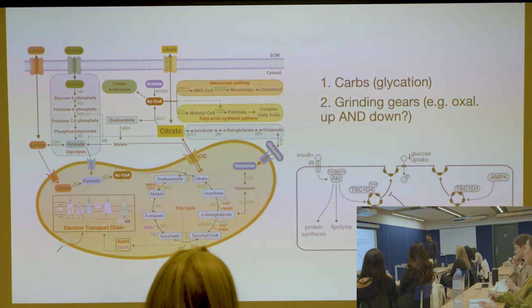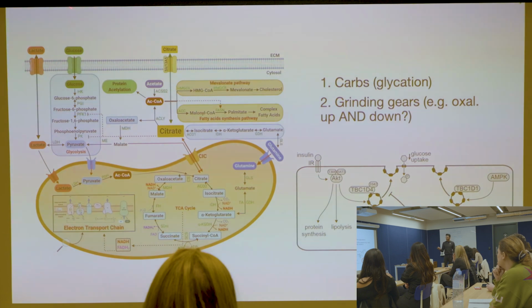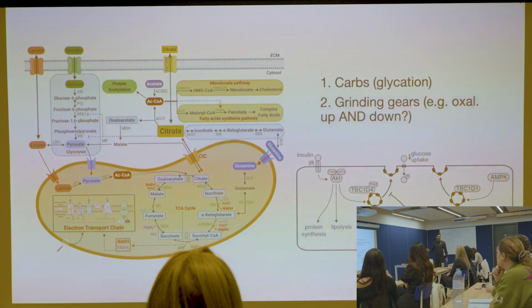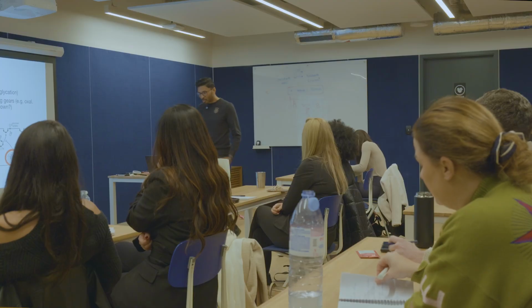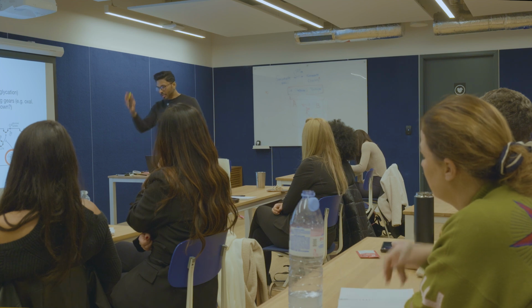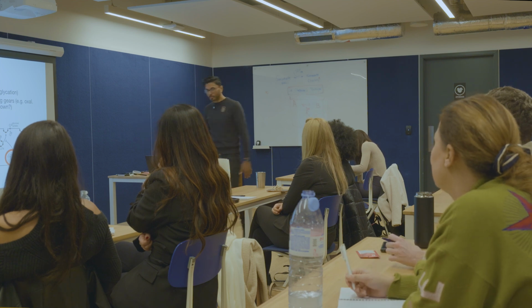But, you know, you've got oxaloacetate being reduced in concentration when we go down the fatty acid pathway, and we've got it normal or increased relatively in the glycolysis pathway. If you try and go down both pathways at the same time, what's going to happen? How can it go up and down at the same time? Let's say you've got a road here, and you've got both lanes going past each other.